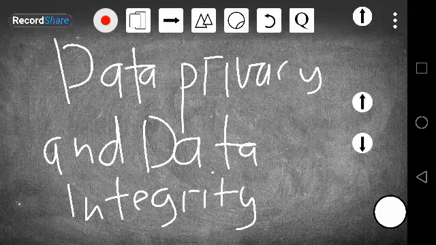Now the question is, what is data privacy? So, data privacy is concerned with how data is stored, shared, and used. Okay?